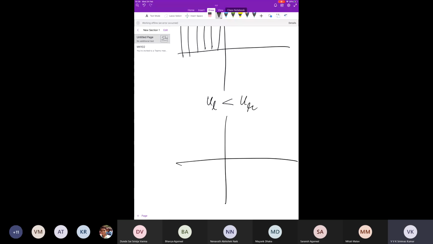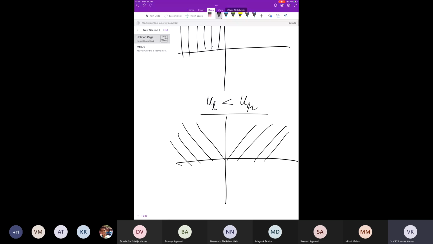Whenever UL is less, there will be lines like this, and these will be lines like this. Characteristic lines will be towards the left-hand side. It will be like this towards the right-hand side. Okay.